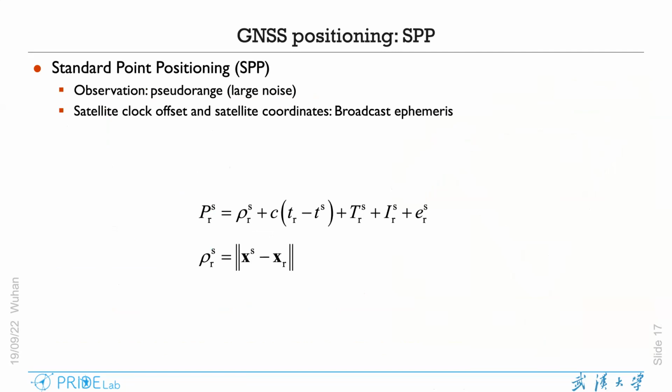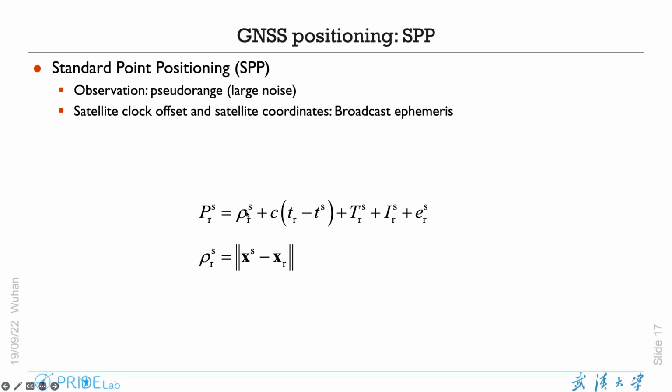Before we talk about that, we would like to make a comparison with standard point positioning, which is actually the standard service provided by GNSS. We use only the pseudo range data, and because of their high noise, it is not necessary to use a lot of high precision models to correct the range measurements.